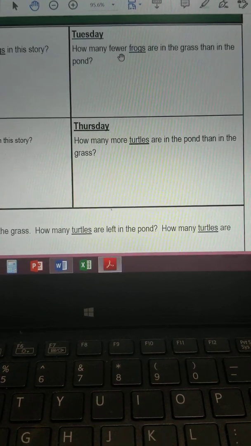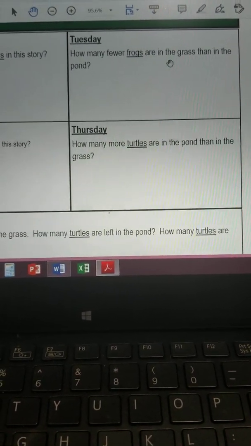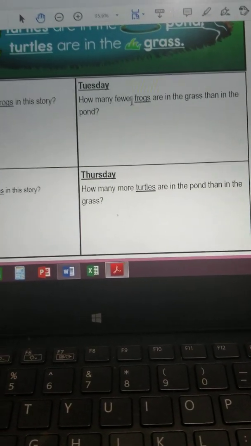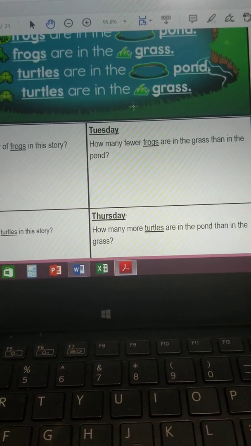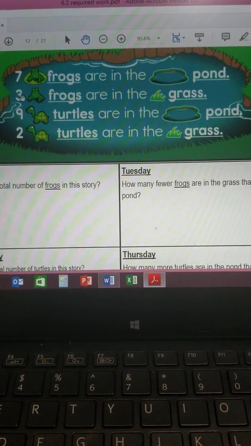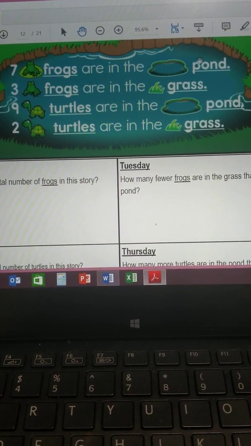Tuesday, how many fewer frogs are in the grass than in the pond? So you're going to come up here and make sure you're looking at the frogs only. You have 3 frogs in the grass and 7 frogs in the pond.